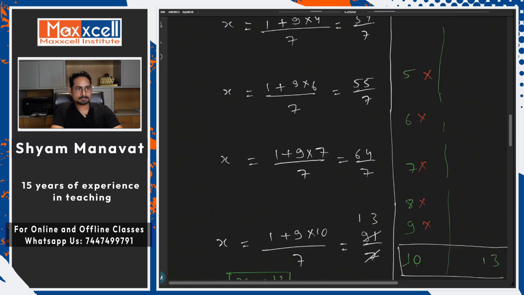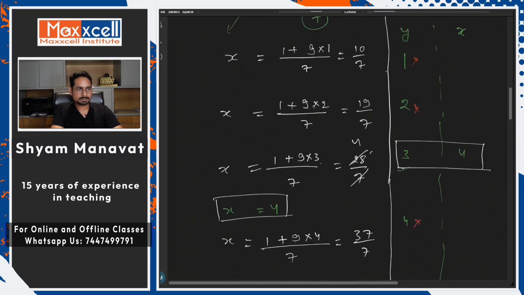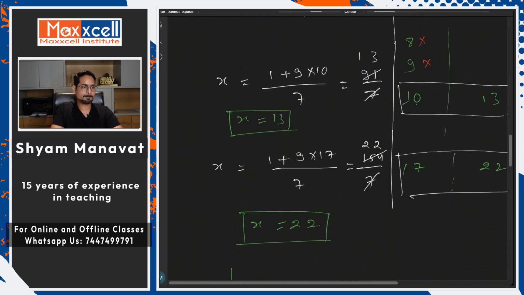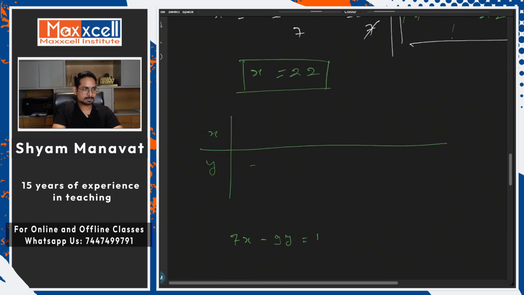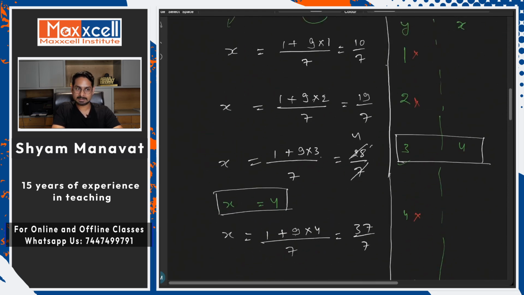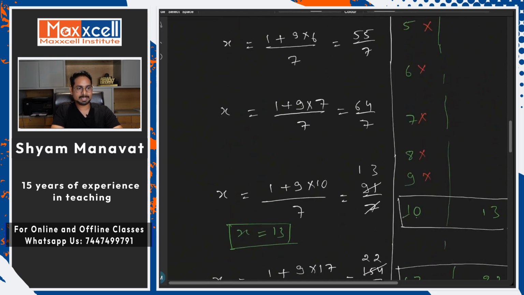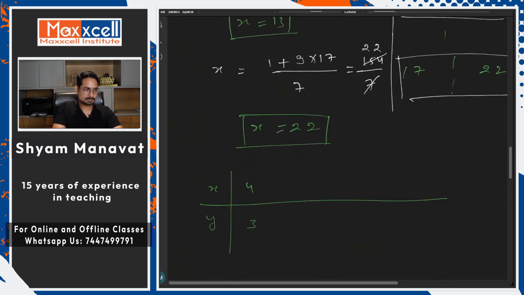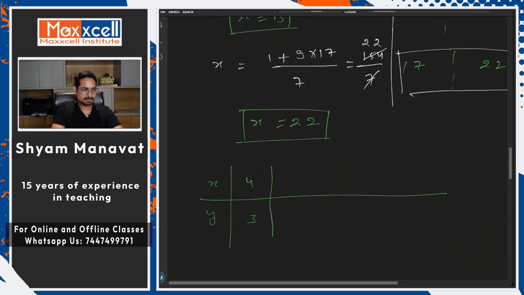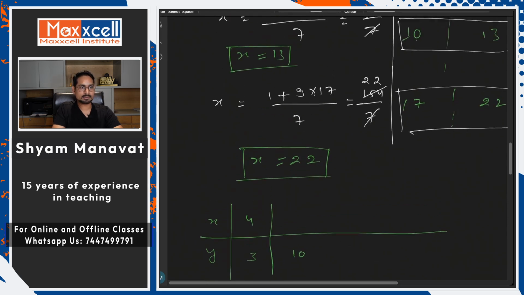The first value of y which we got is 3, and accordingly x we got 4. Next value of y is 10, and for y equal to 10 I got x equal to 13. For y equal to 17 I got x equal to 22.